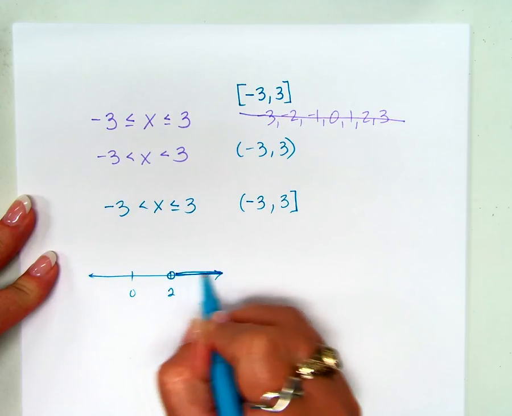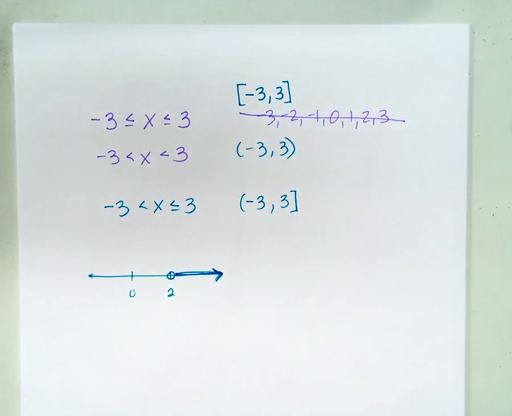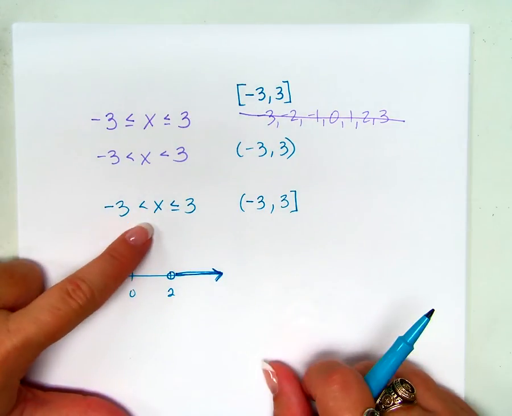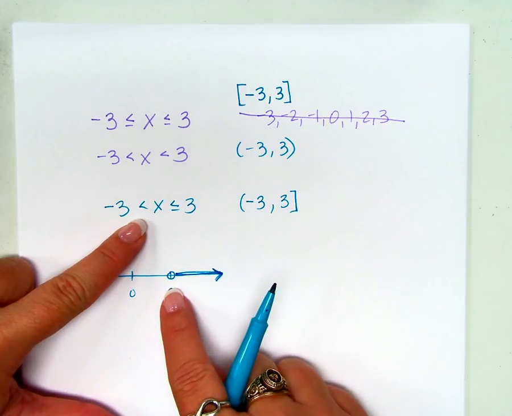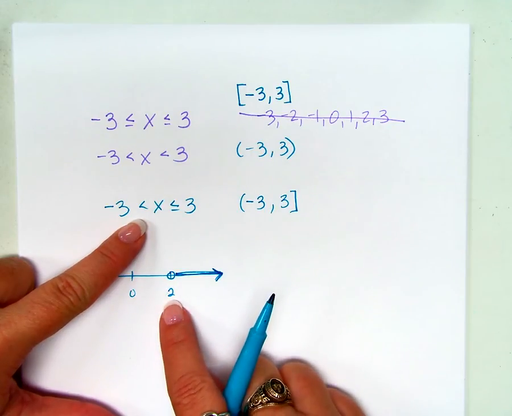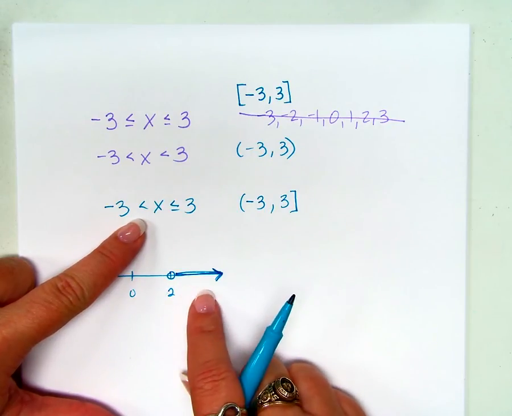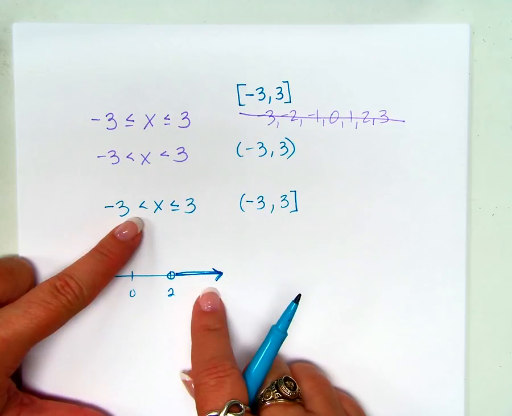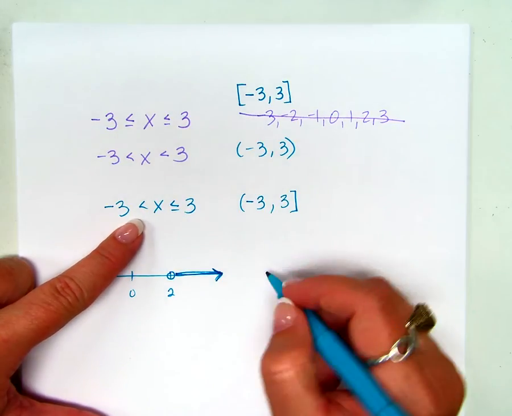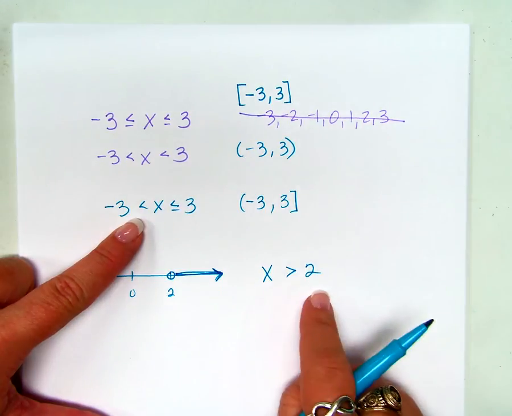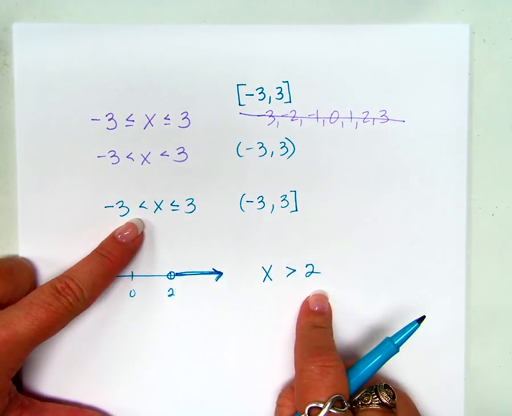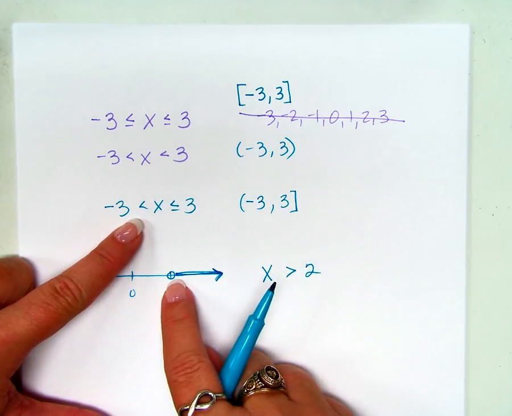What if I said, instead of something like this, what if I did this? Do you remember what that means? How would I write that in inequality notation? It's everything, what direction from 2? To the right. So what symbol do I use for that? Yep. x is greater than 2. Wait, is it greater than or equal to? Is it filled in or is it open?